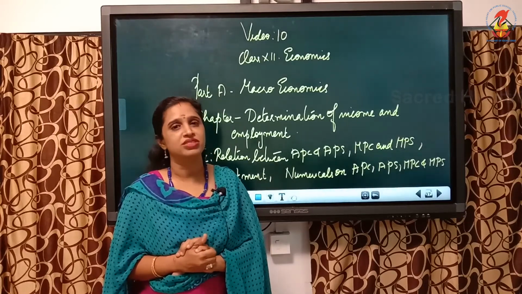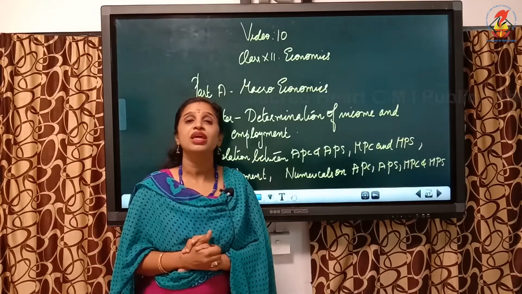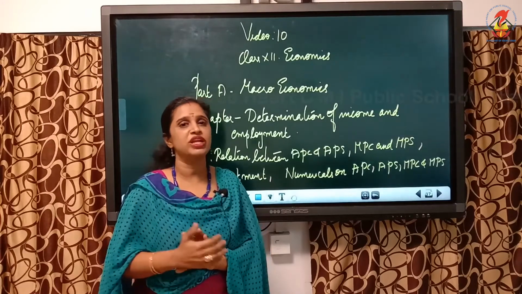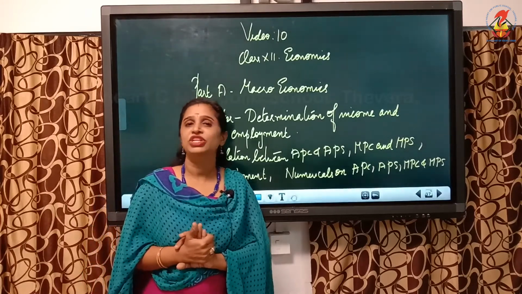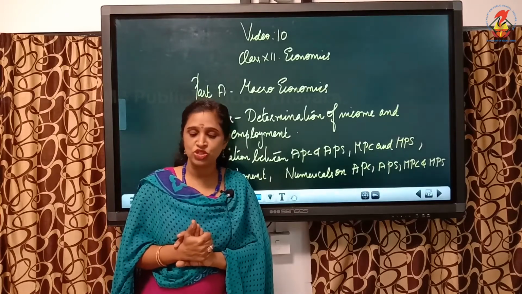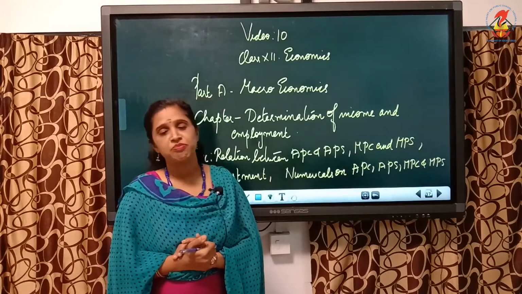So we have completed saving and consumption, and next we have to discuss investment. So investment as a topic will be discussed today. Before that, we need to learn the relationship between APS, APC, MPS and MPC.